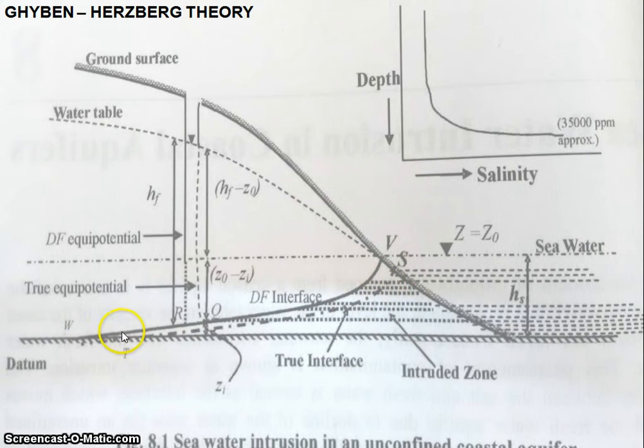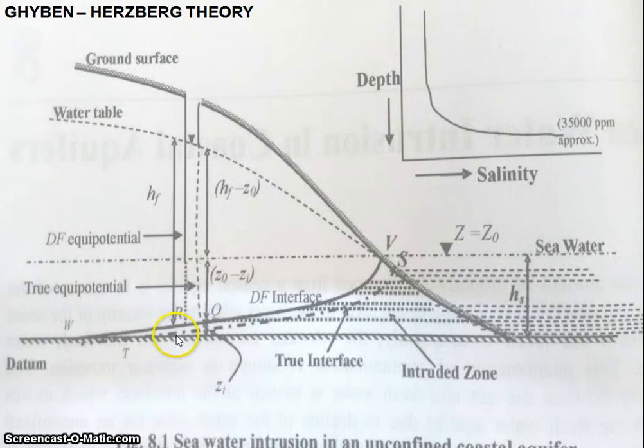This line shows the sea level, marked as HS, and the depth of the groundwater table from the interface level is marked as HF.